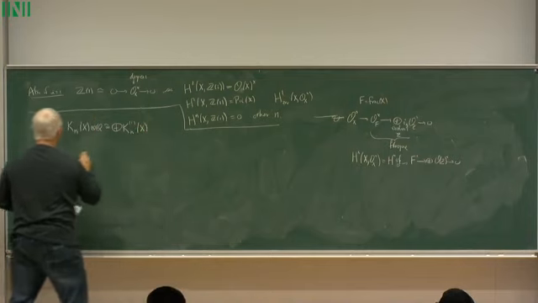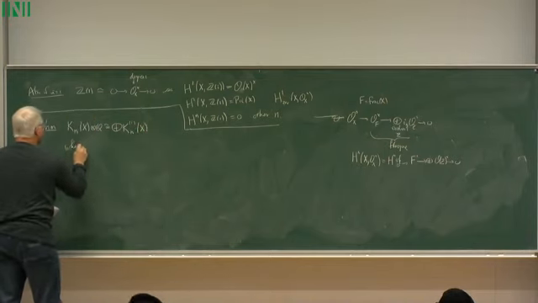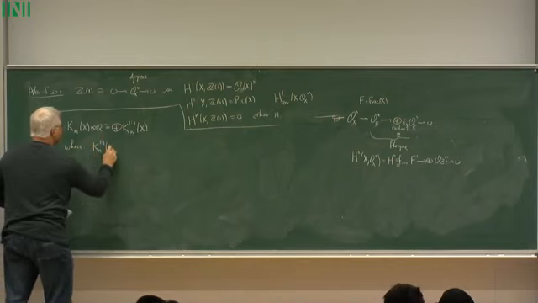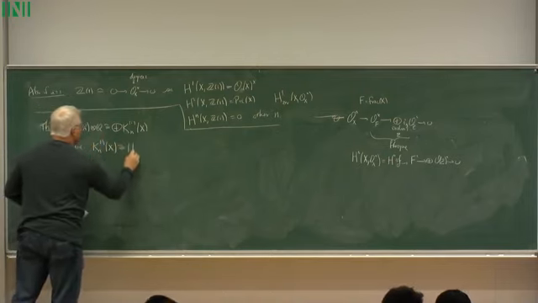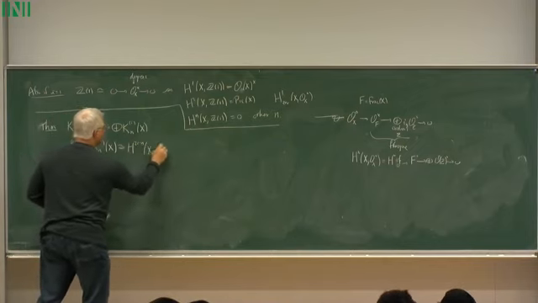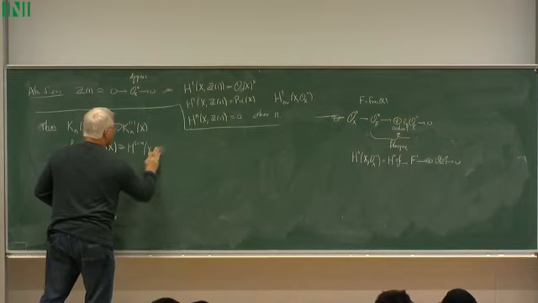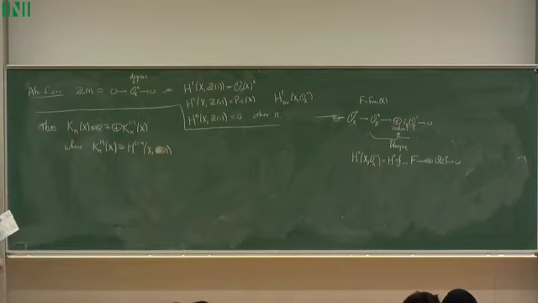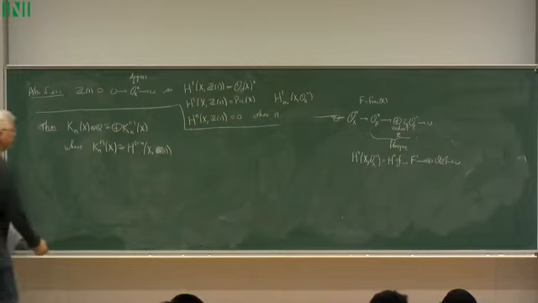So these are Q vector spaces, and where K_n^(i)(X) is isomorphic to H^(2i-n)(X) with coefficients in Q(i). Whoops, Q(i). So there's a connection with K-theory.